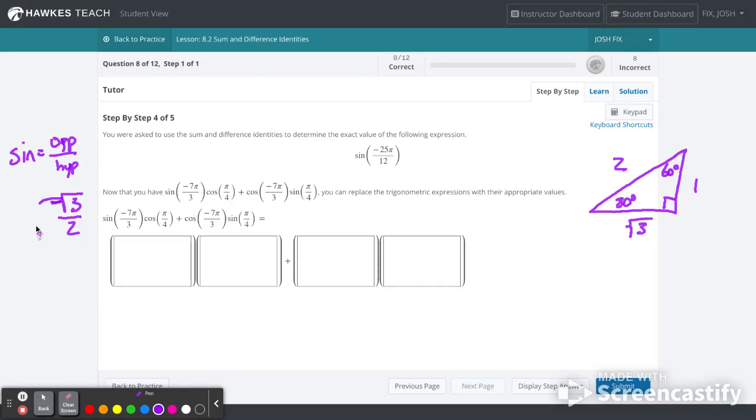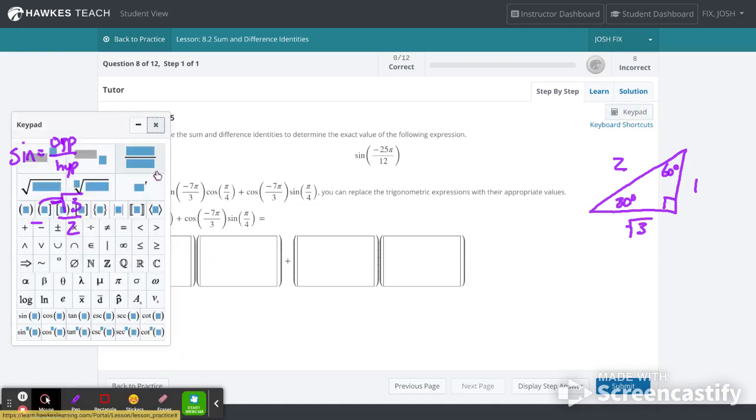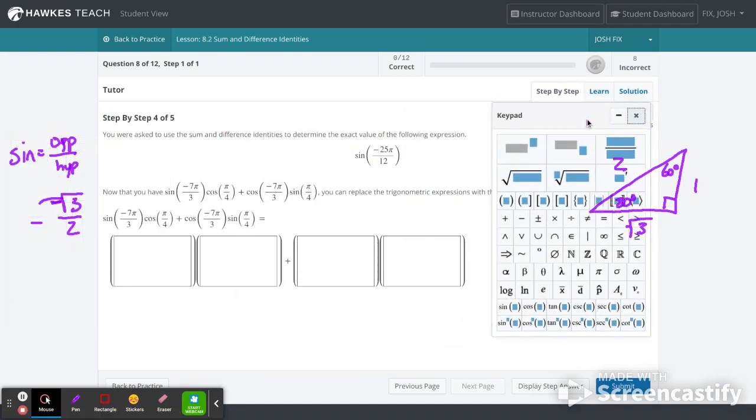Sorry about that, I can't erase that. And so we'll go ahead and put that in right here. So keypad, pull that over here, fraction bar. So this is going to be a negative square root of 3 over 2.